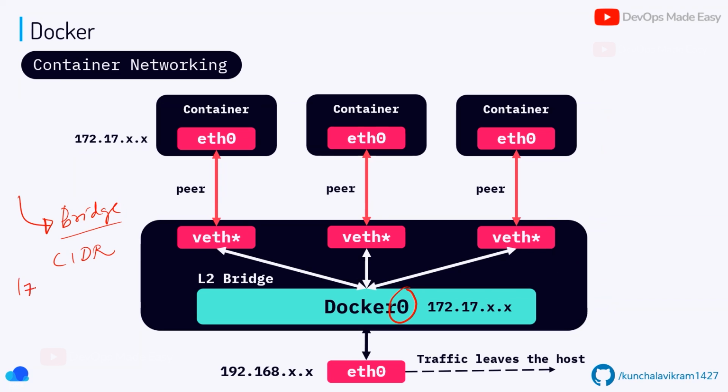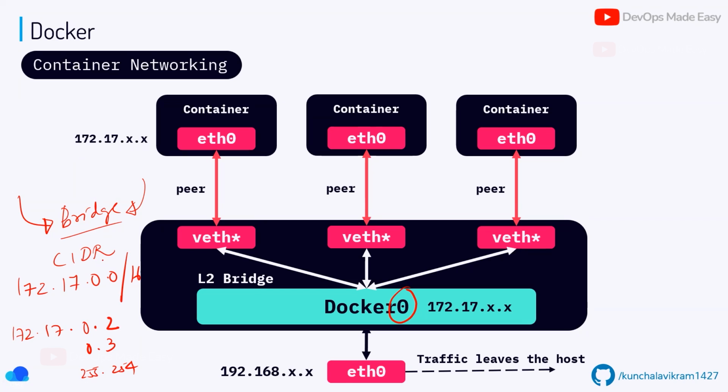It has the CIDR 172.17.0.0/16, which means any container connected to this bridge network gets an IP address in the range 172.17.0.2, 0.3, all the way till 255.254. Clear, guys? Clear.